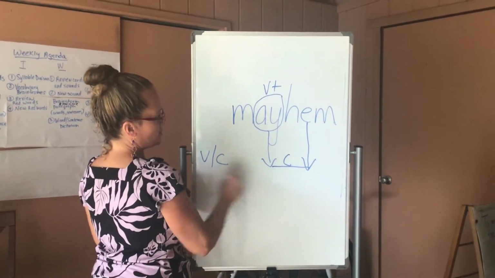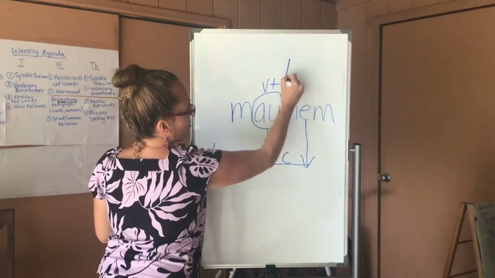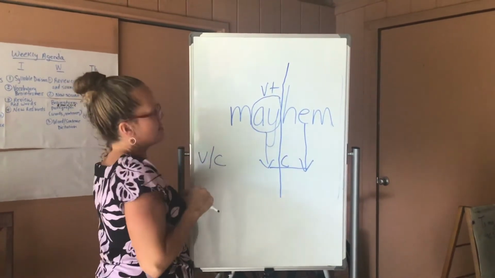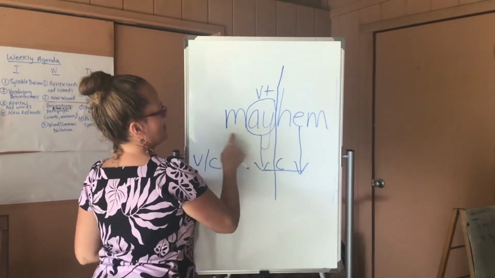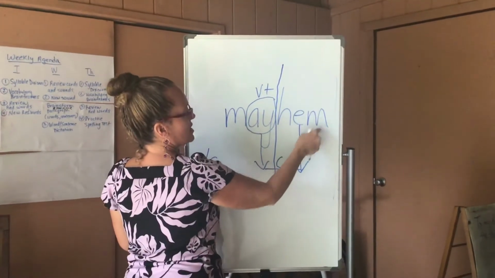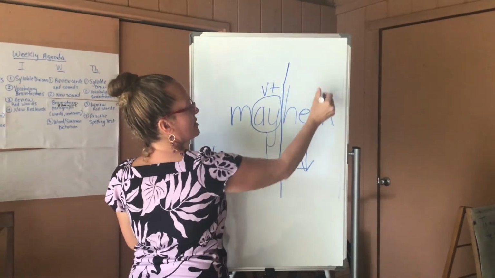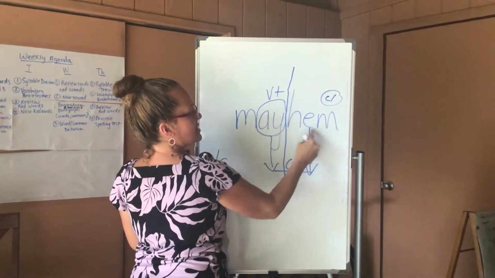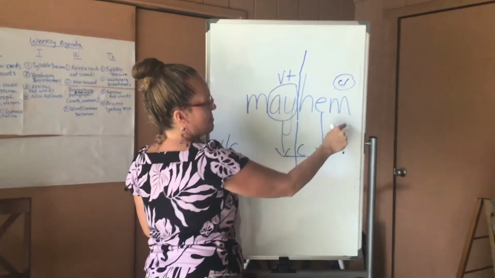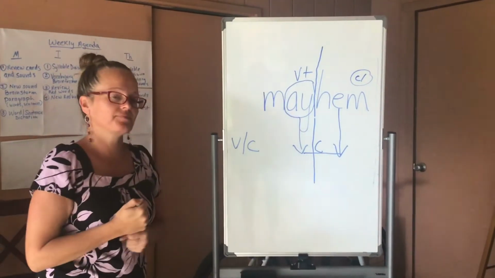I'm slashing in between the vowel and the consonant right here. I know that this says A, must be the money, and so it's going to be may. And then this one is going to be closed in by the M. So it says eh. So it says mayhem. Mayhem. Okay?